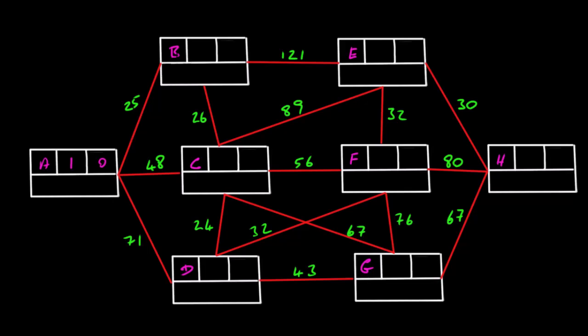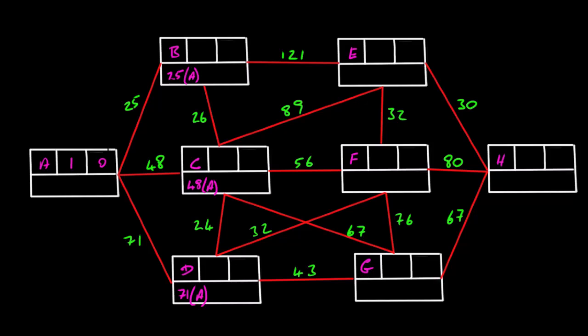So in other words, at B here we have a working value of 25, because the weight here is 25 on this arc. It's 25 kilometers, if you like, from A to B, and that has come from A. Down here we've got a working value of 48, again from A, and here we've got a working value of 71, again from A.